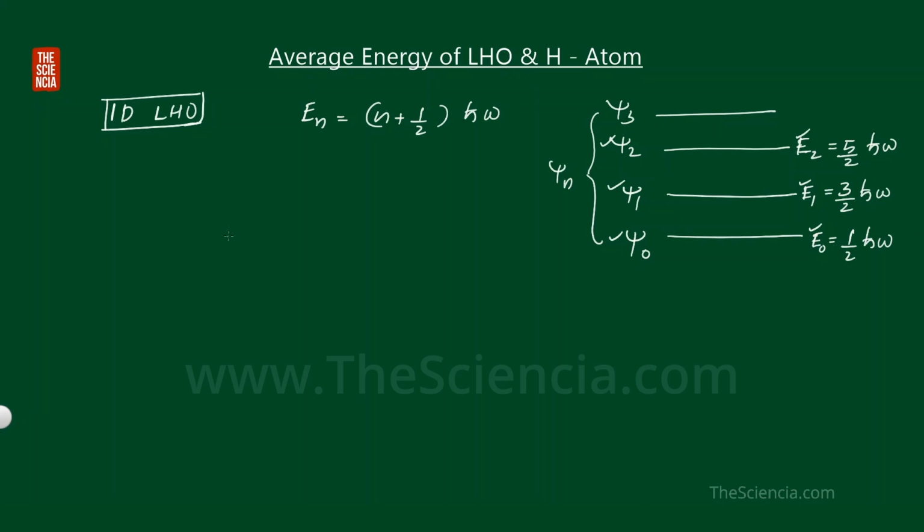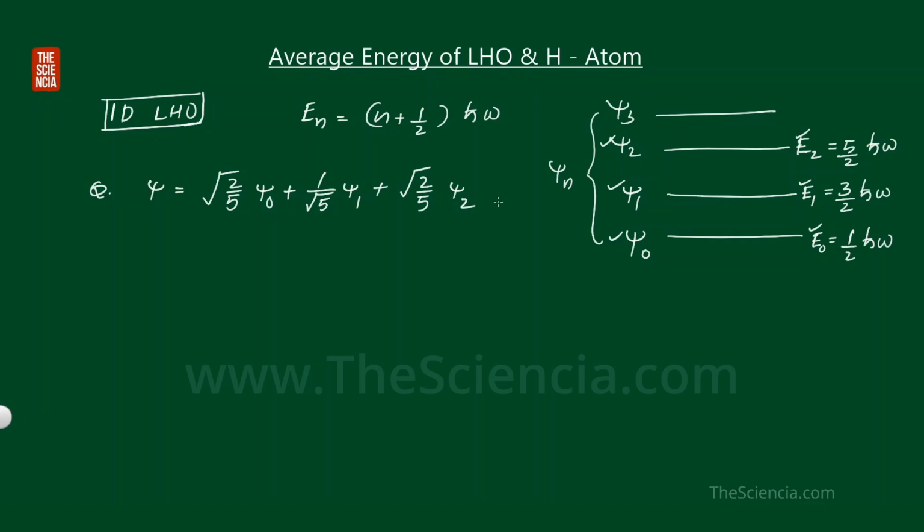Now we can discuss one question. A state is given, psi is equal to root 2 by 5 psi 0 plus 1 by root 5 psi 1 plus root 2 by 5 psi 2.